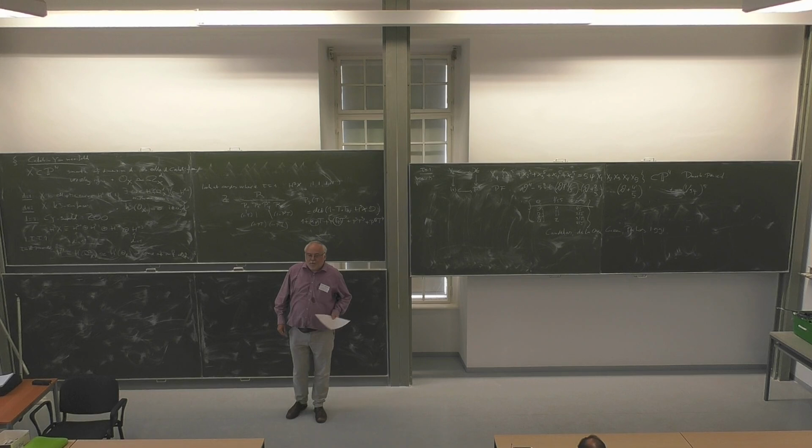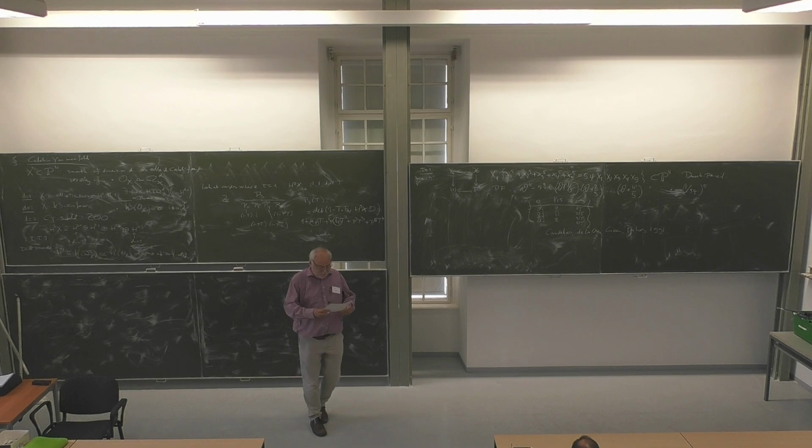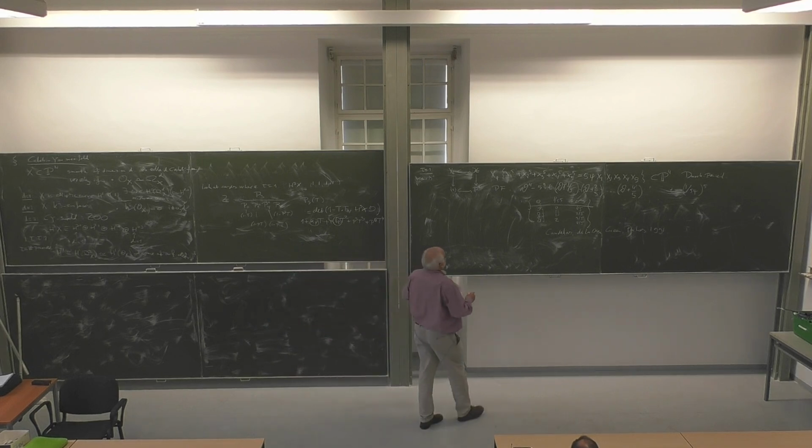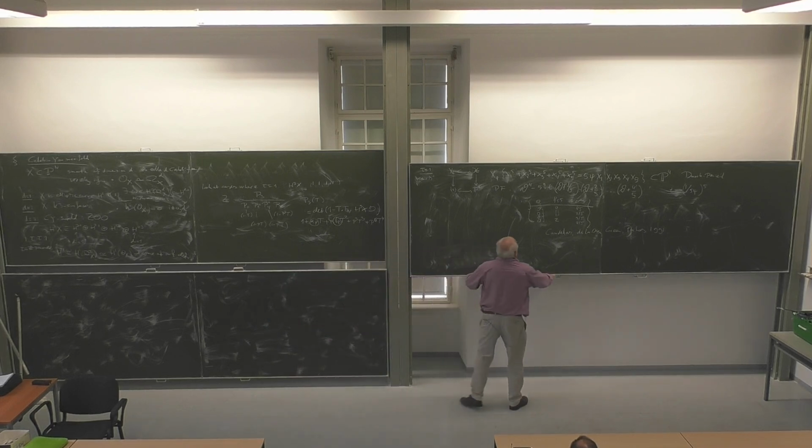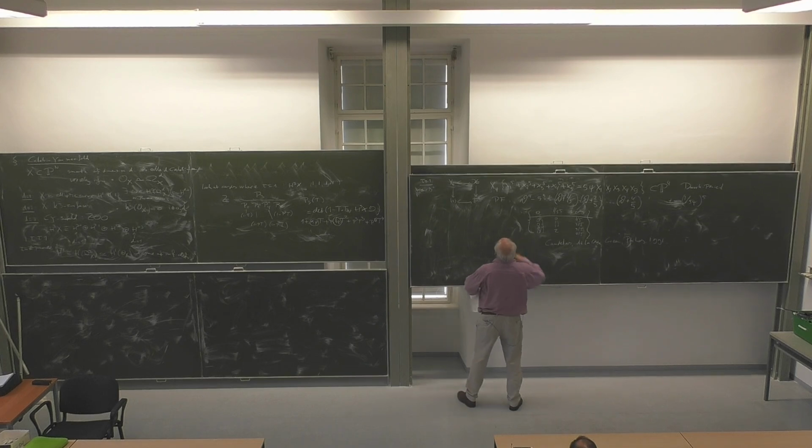The formula I'm going to write down for the zeta function, or the factor of the zeta function, in terms of the periods, is in fact used by physicists. So this is the first one in a series of examples. This is called number 1.